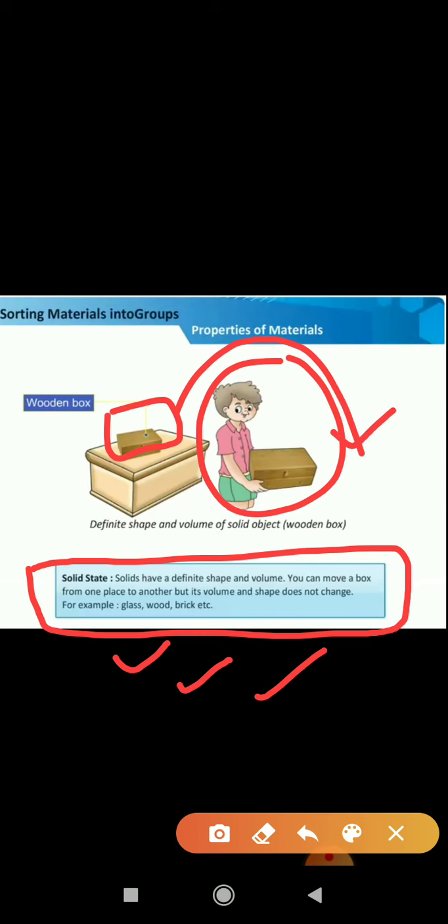With this movement, the box does not change its shape and volume. So we conclude that the solid state has definite shape and definite volume, and examples of solids are glass, wood, brick, etc.